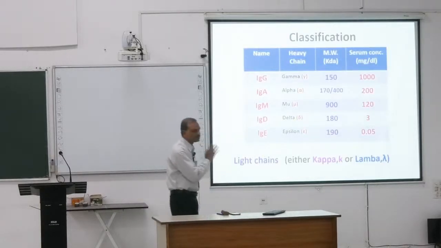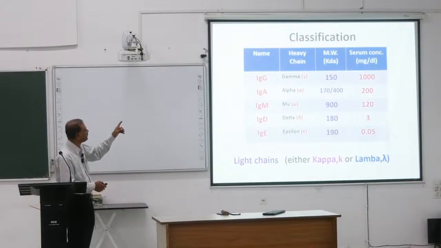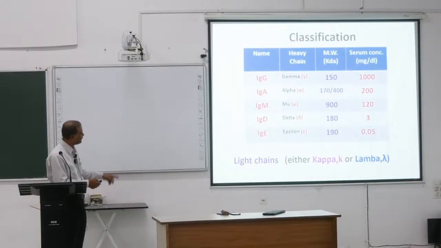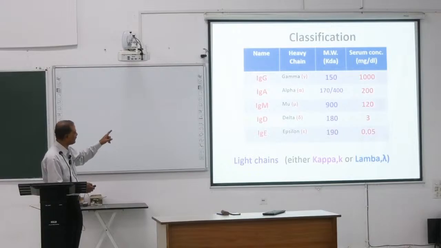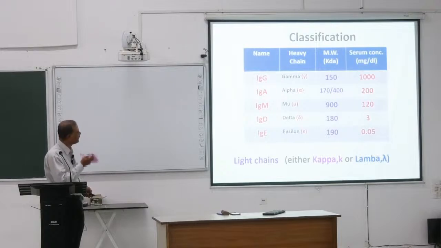So the classification is based basically on the heavy chain. What kind of heavy chain is there? That is IgG, IgA, IgM, IgD and IgE, which you must be able to tell, and that is due to the heavy chains named gamma, alpha, mu, delta and epsilon.